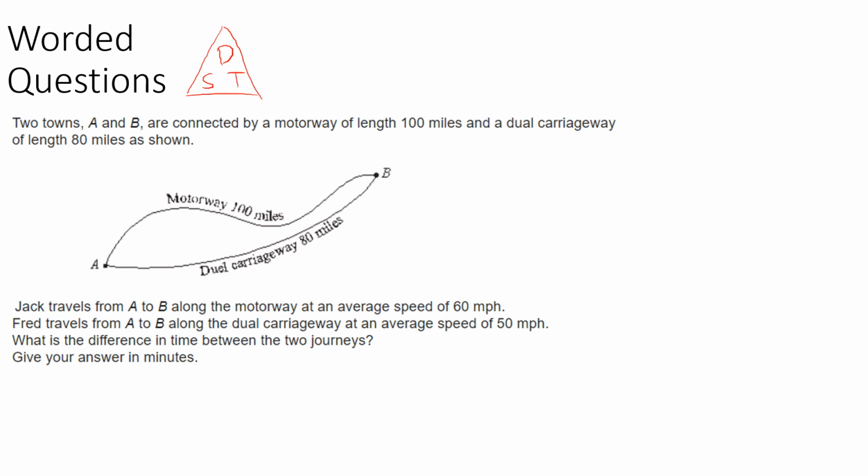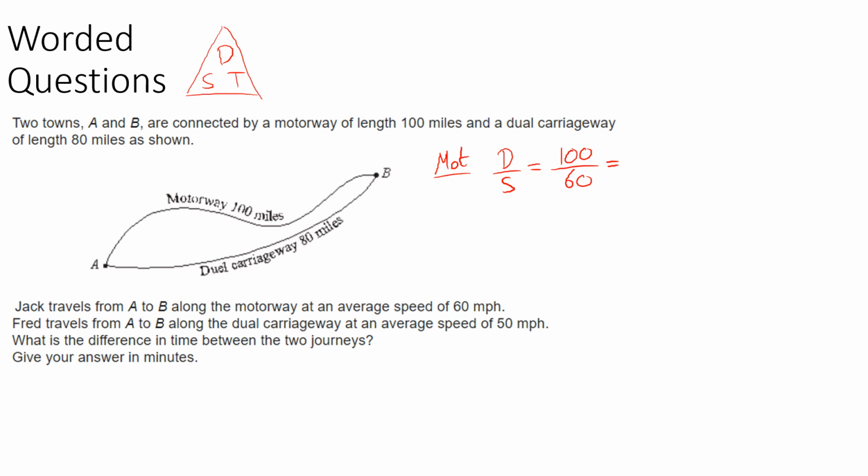Okay, so we've got here a time question because we want to find the difference in time between these two journeys. Motorway and dual carriageway got different lengths, different speeds. Let's do the motorway first. So if we want to find time, we need to do distance divided by speed. Distance is 100 miles on the motorway and speed is 60.